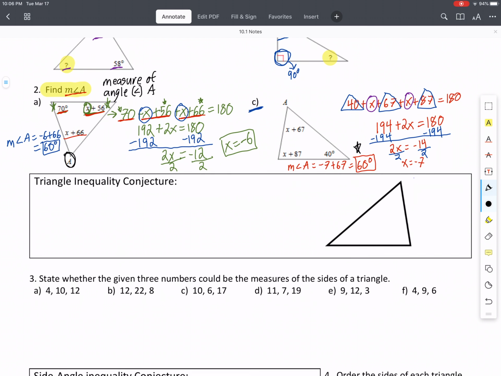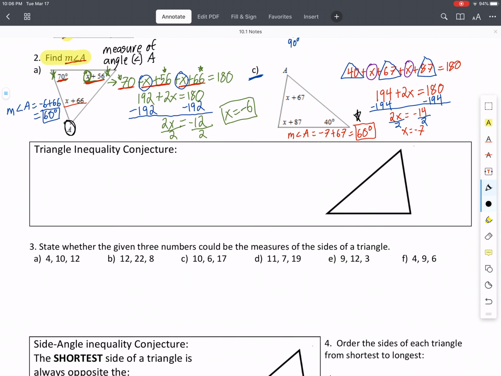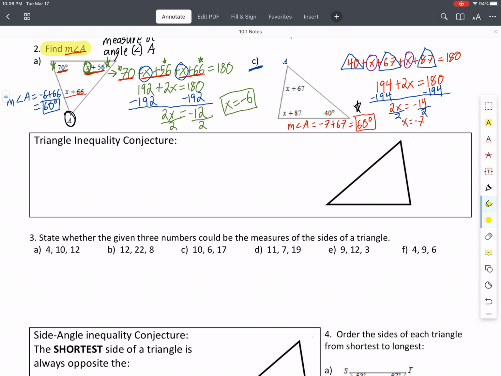But right now what we're going to do is move on to this guy, the triangle inequality conjecture. This is a lovely mathematical term that helps us look at triangles and see if triangles are possible.